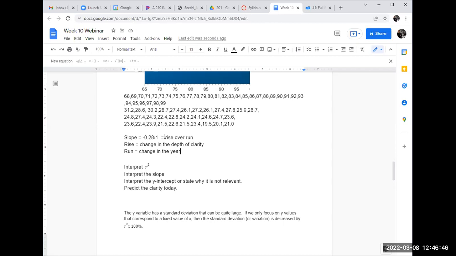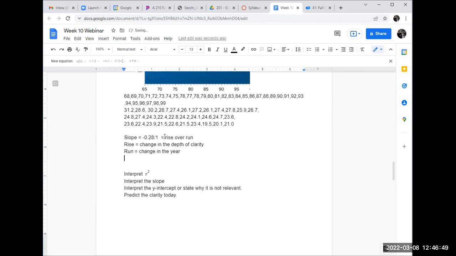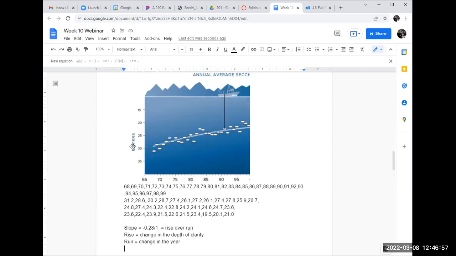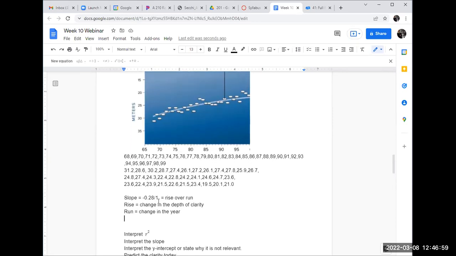All right, so in this case, here's what we can say. Well, the rise is negative 0.28, and the units are meters, by the way, because it says so. And the run is 1, and the units here are years. So here's how we can interpret the slope.